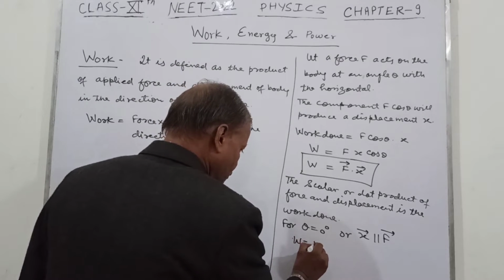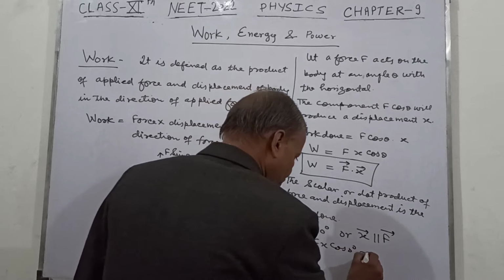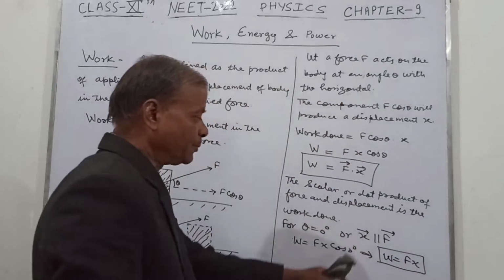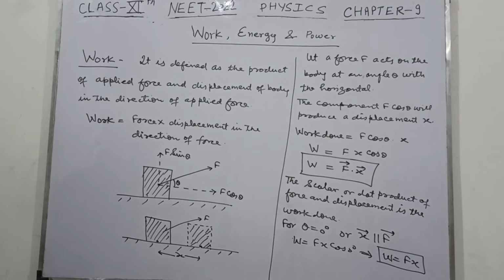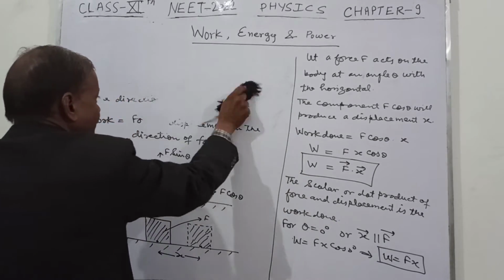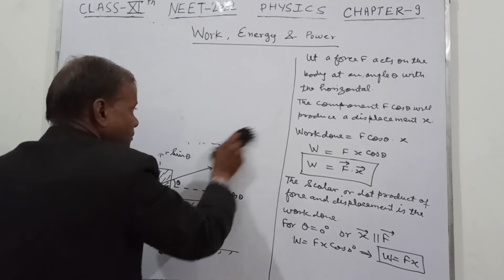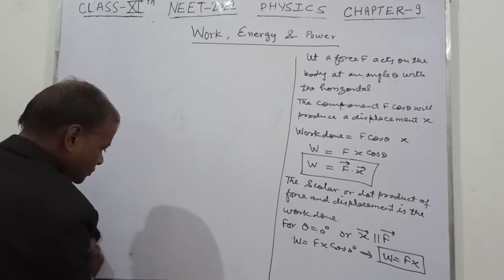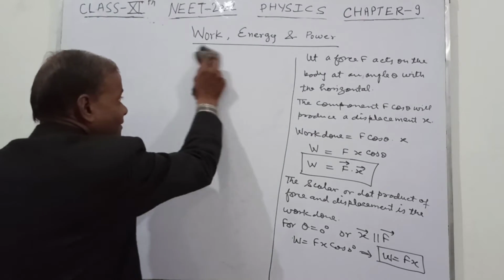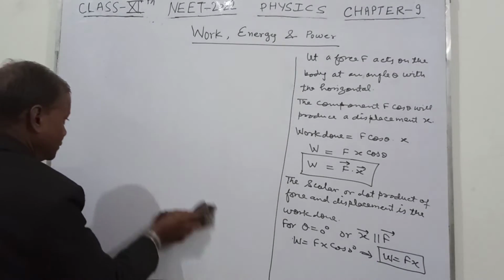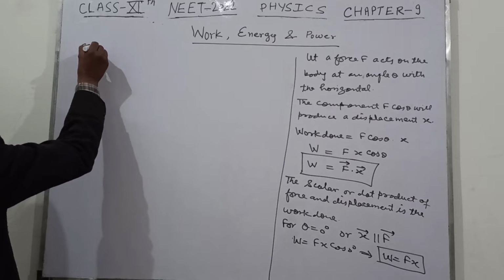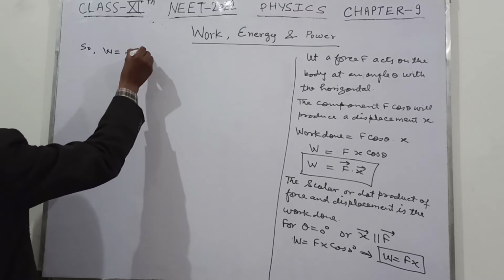Then W is equal to F x cos 0 degree, and this gives W equal to F x. This is positive work.